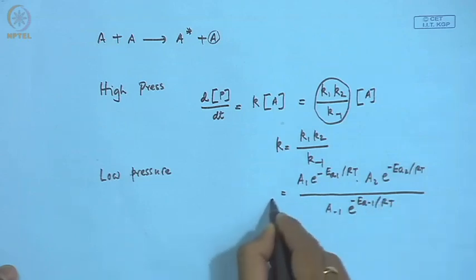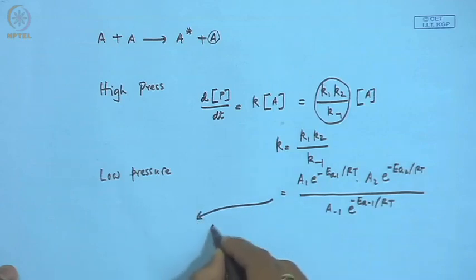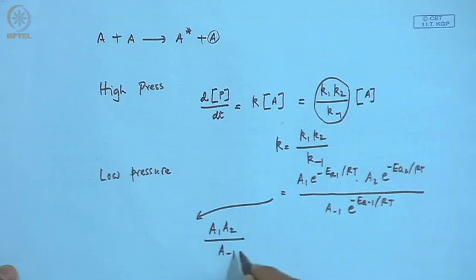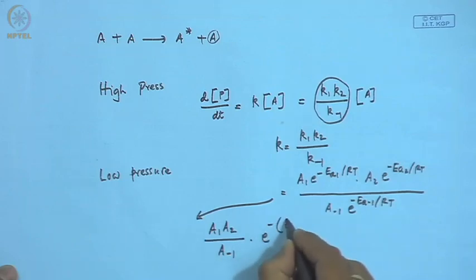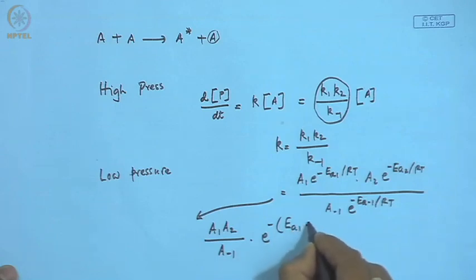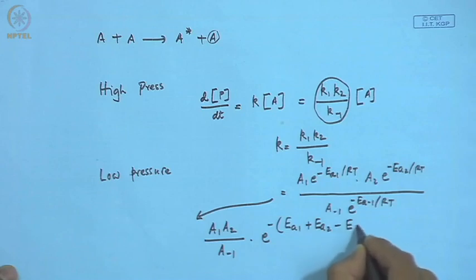That gives you A1 A2 divided by A minus 1 times e to the power minus (EA1 plus EA2 minus EA minus 1) divided by RT.